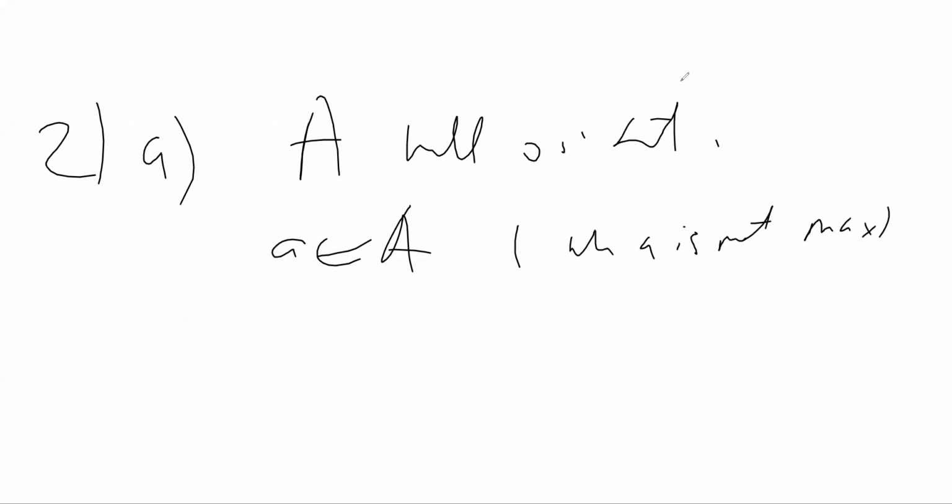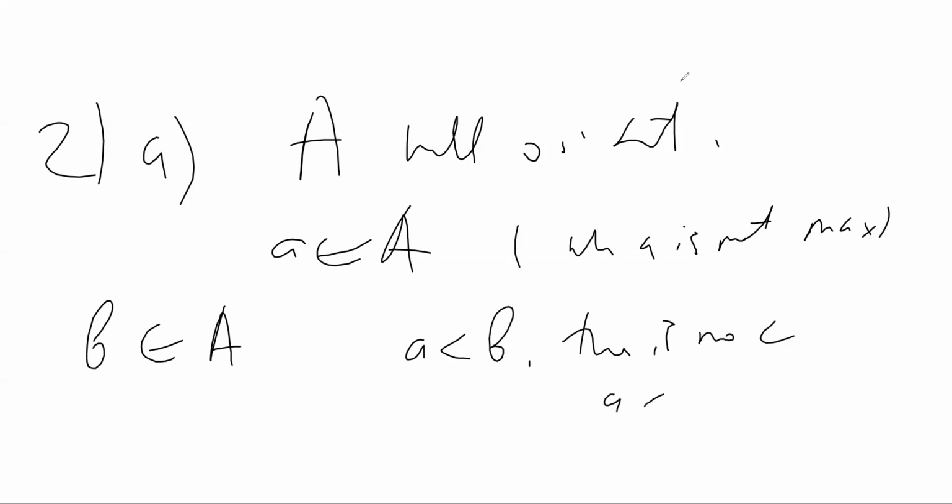An immediate successor is an element B in A such that A is less than B, and there is no C such that A is less than C less than B. So basically, B is the next element right after A, the one that's bigger than A, but there is nothing in between them, right? So does that make sense? Yep. And so we're just trying to use the property that A is well ordered to see why. This is really similar to the first exercise. Do you want to try to solve it?